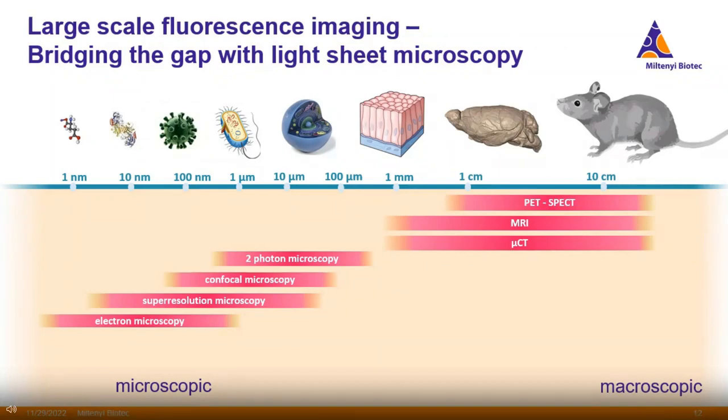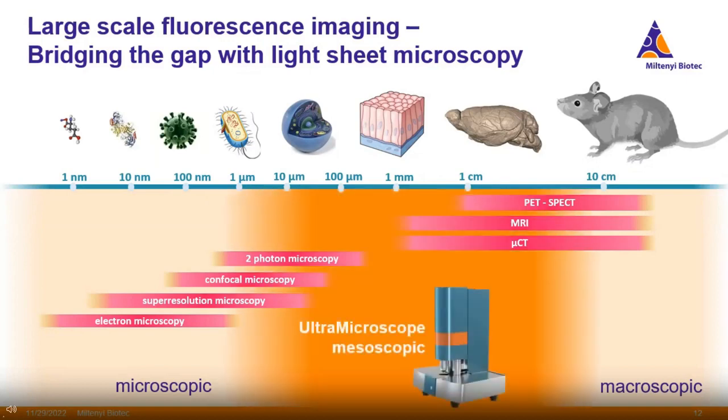Light sheet microscopy covers a gap among the microscopes that you maybe heard of before: confocal microscopy and two-photon microscopy cover the smaller sizes in the cell, and MRI covers the whole brain directly. In the middle is this UltraMicroscope, which shows cell structures but also includes the whole brain anatomy, so you can even track connections of neurons or see their location within the whole organ.